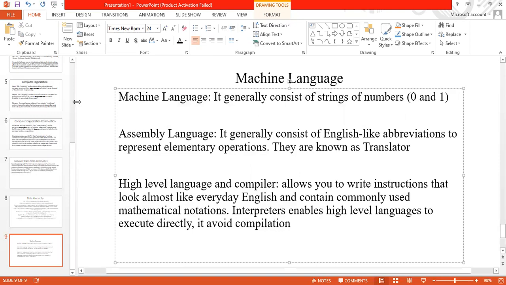Now, I said that computers basically understand a language which is binary code, and binaries are zeros and ones. So every instruction, every computer program that we are writing, the computer doesn't understand them, but there are things under the hood that convert.